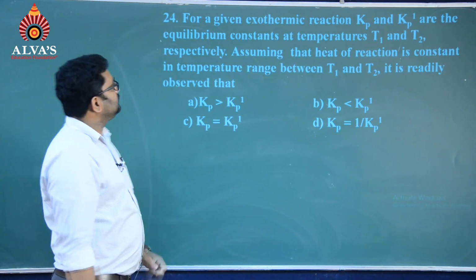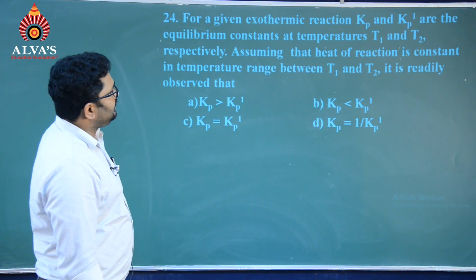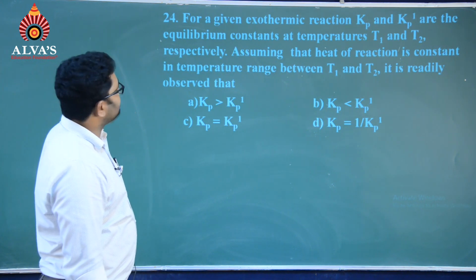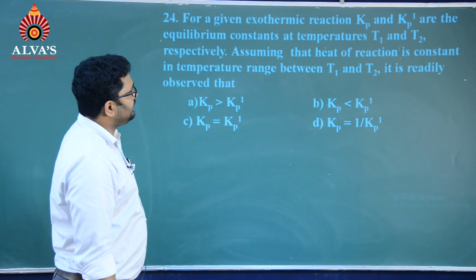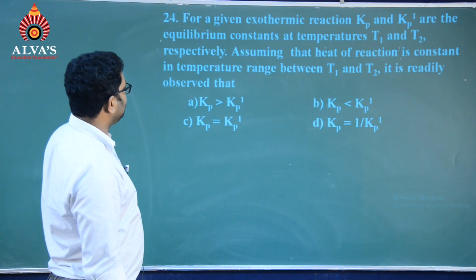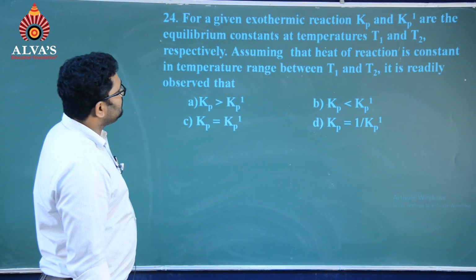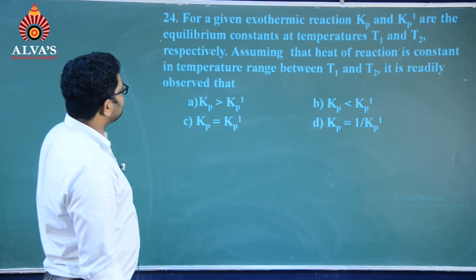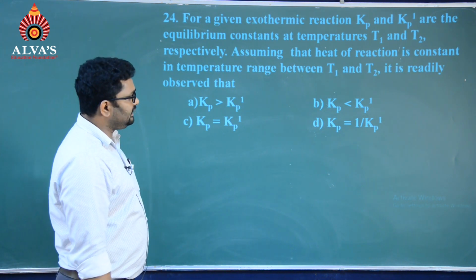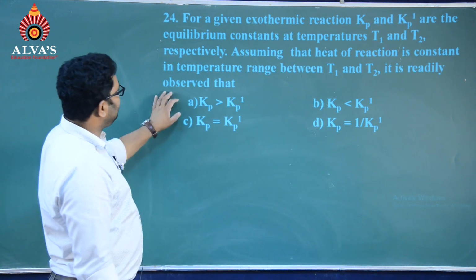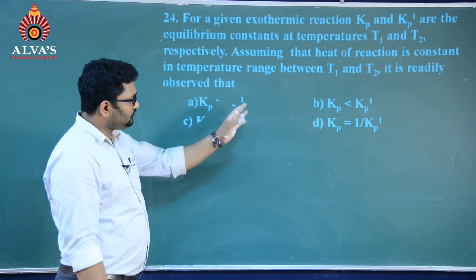Question number 24. For a given exothermic reaction, Kp and Kp dash are the equilibrium constants at temperatures T1 and T2 respectively. Assuming that the heat of reaction is constant in the temperature range between T1 and T2, it is readily observed that. We have 4 options.